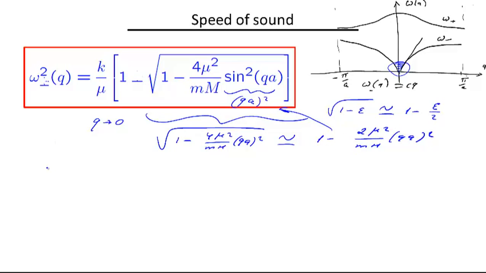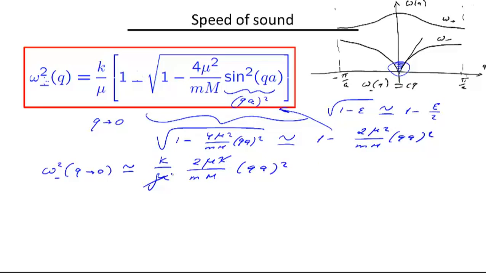So the spectrum of the acoustic phonons in the q to 0 limit is approximately equal to k over mu times 2 mu squared over M m, qa squared.